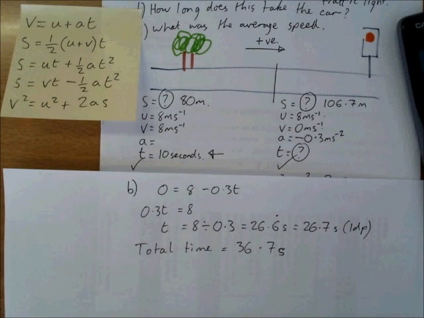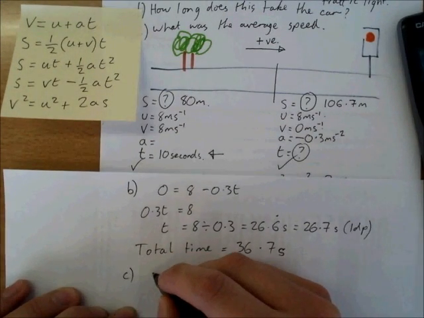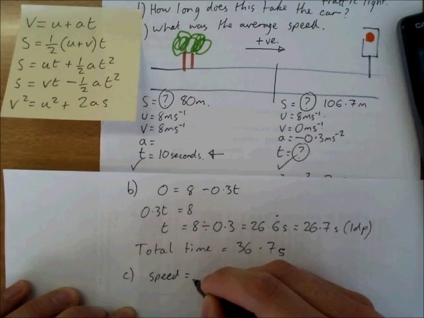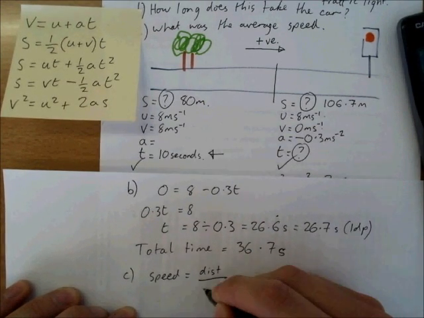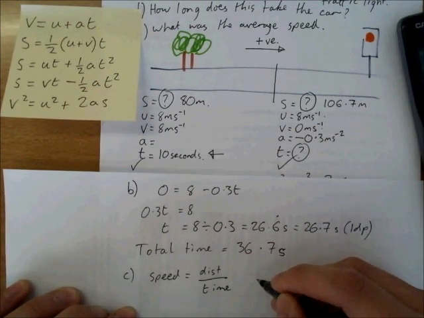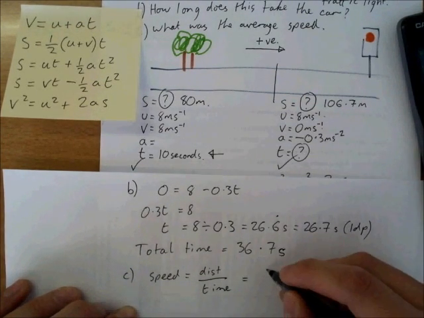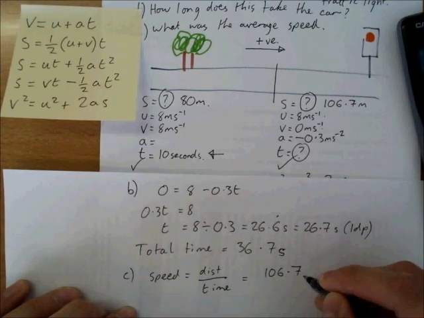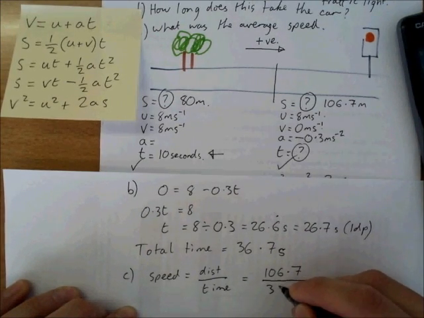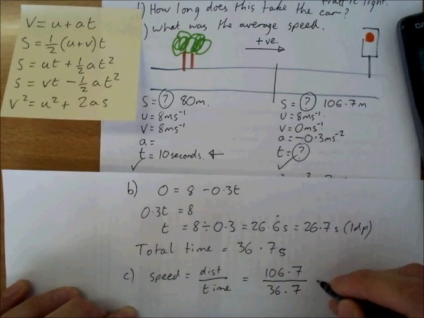And that only leaves us with one last part to do. What was the average speed? Now this is the formula you've been using since GCSE. So average speed is distance divided by time. So we now have our total distance of 106.7 and our total time of 36.7.